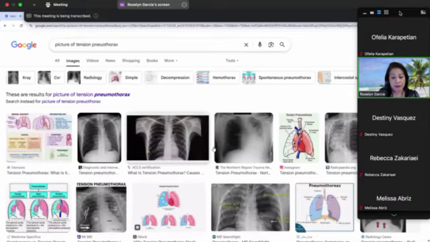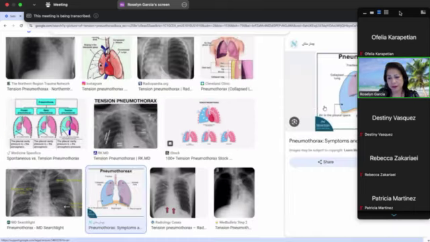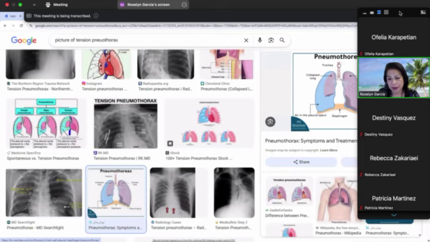There will be a tracheal deviation, because the pressure is so much. See how it's supposed to be aligned, right? That's the trachea. If this pressure keeps on increasing and increasing, it will push toward this side. So now your trachea will be deviated this way. Okay. So that's why we don't want that to happen.